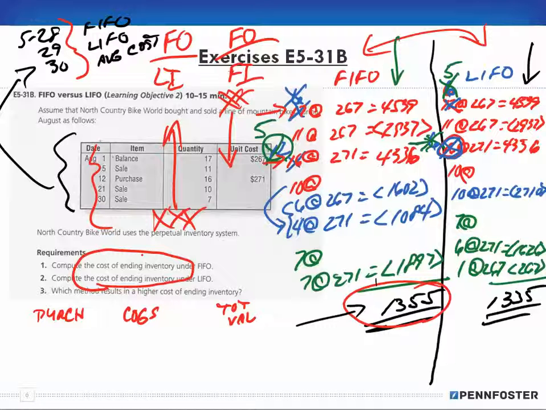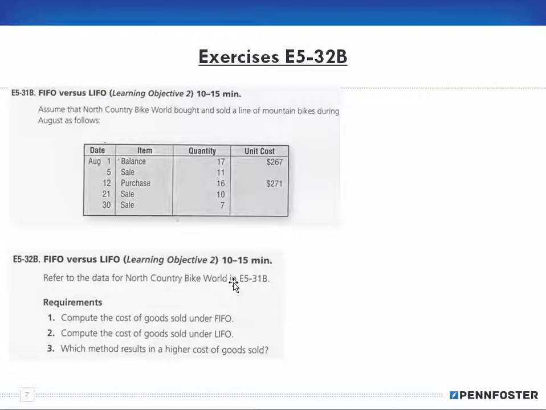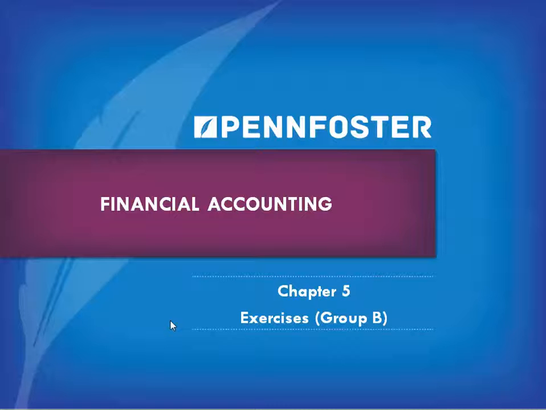So 531 is about the cost of ending inventory, which was this total value. But now in 532, we're using the same data as from 531, but we're going to compute the cost of goods sold.